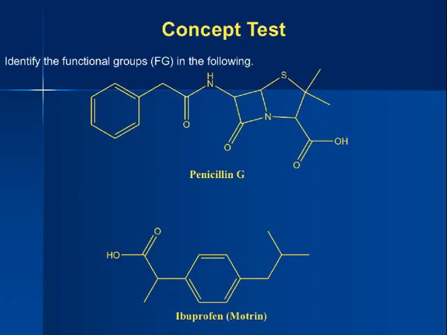Okay? You replace any one of these functional groups and it will no longer behave like penicillin G. There is one functional group in there that's known as the pharmacophore. Can anybody tell me what the pharmacophore means? It's used in a lot of medicine. Pardon? It's used in a lot of medicine. Okay. Not far off the mark. It is the functional group that is responsible for the pharmacology of the molecule. Okay, you can't change it at all or you don't have the pharmacology. Does anybody know which one it is?